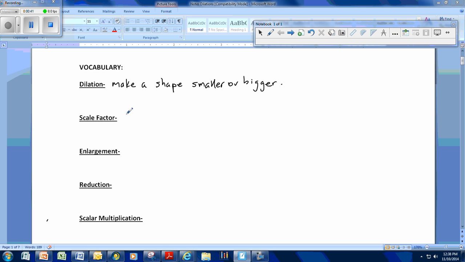Okay, now a scale factor is a number that tells us how big or small a shape will get.